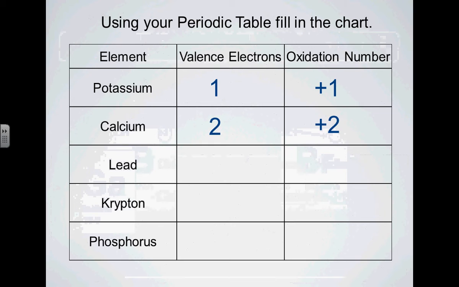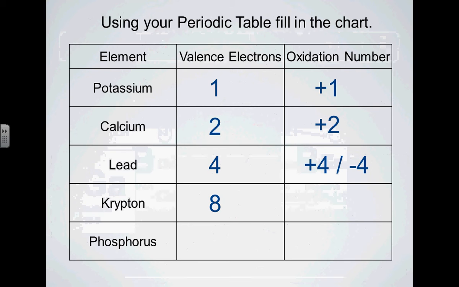It has 2 extra electrons. Lead has 4 in its outer shell, therefore it's in that weird spot. Nicole? It could be +4, it could be -4. If it's above 4, it would be negative.